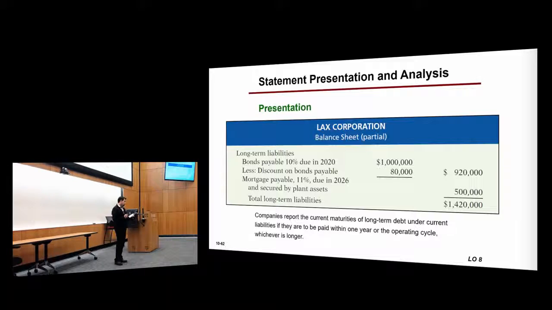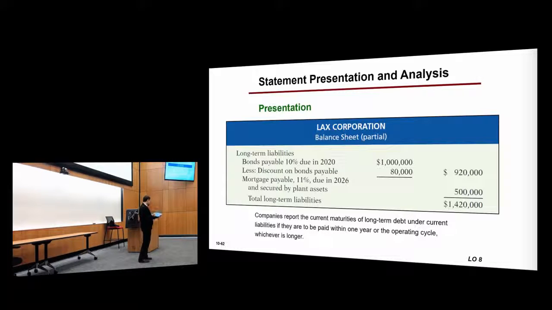Anyways, now, presentation. How do companies present long-term liabilities? You have long-term liabilities, you list bonds, notes payable. Usually, you list the percentage, the due date. For mortgage payable, you also have basically the notes terms.